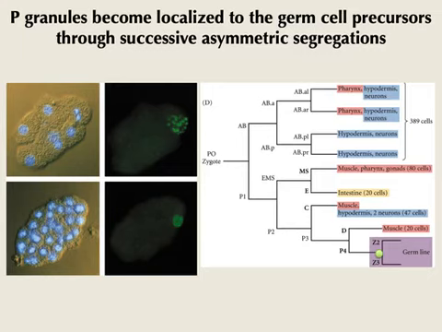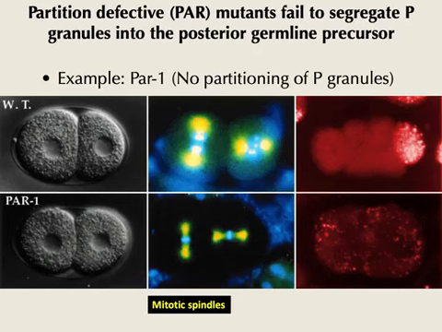Okay. All right, so why am I telling you all of this? Because those were wonderful assays to evaluate polarity and asymmetric cell divisions. And what the field pioneered some time ago now is to use this ability to look at C. elegans embryos and look at mitotic spindles here.